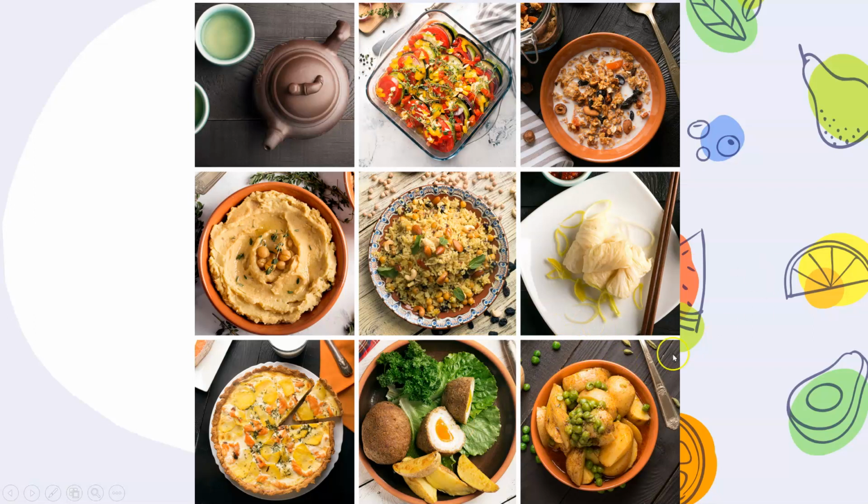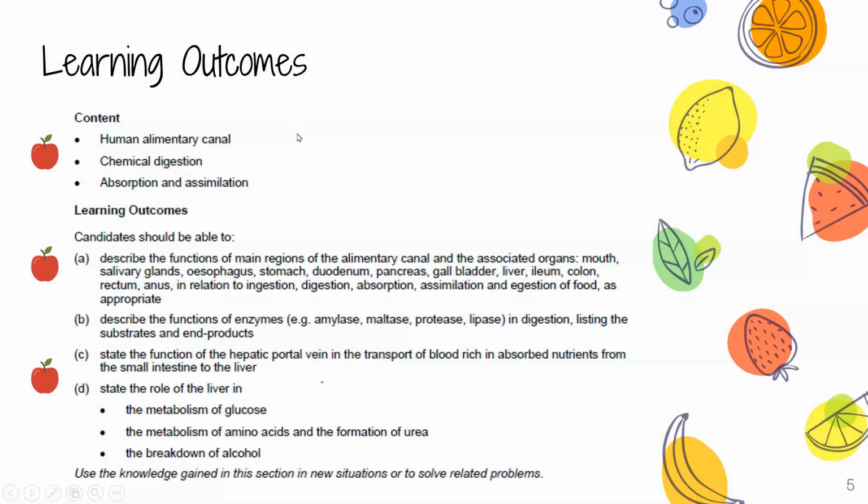I think all this food looks appetizing. We definitely wouldn't mind trying some of them, right? So let's think about it. Why do we need to eat? That is the reason why we are studying this chapter.